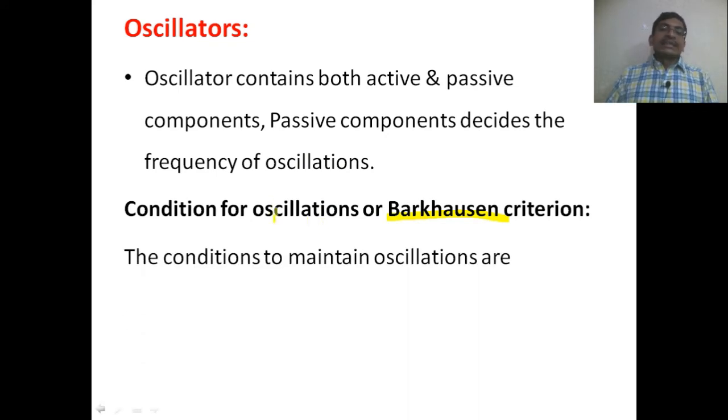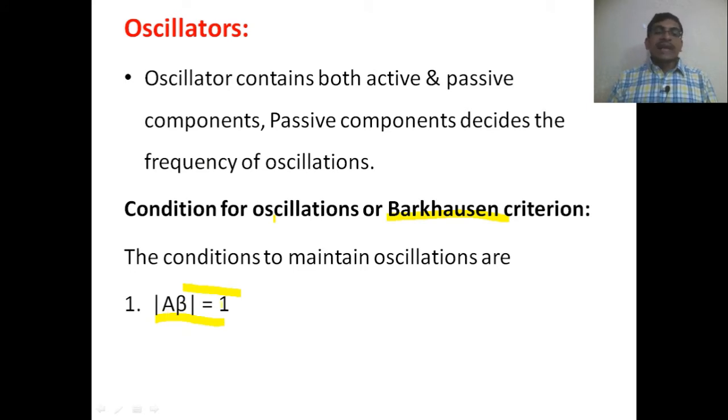The conditions to maintain the oscillations are, first, A beta is equal to 1, which means that the loop gain is equal to 1. Here A is the gain of the amplifier and beta is the gain of the feedback network.